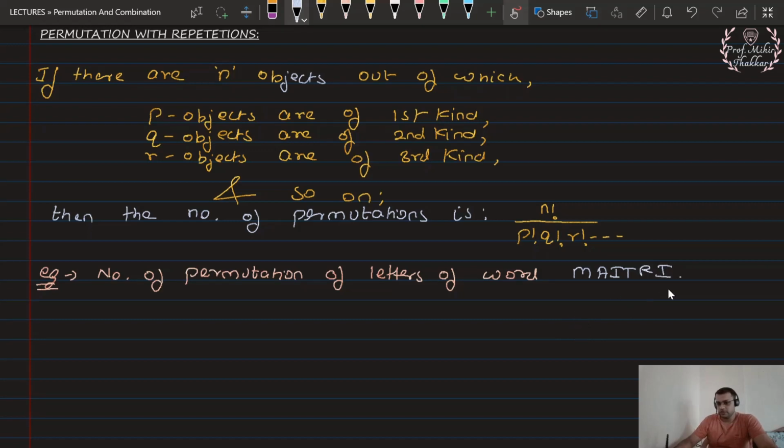If you observe, in this word there are totally 1, 2, 3, 4, 5, 6 letters, so n is equal to 6. But out of that, there is a letter I which repeats twice, so p is equal to 2.